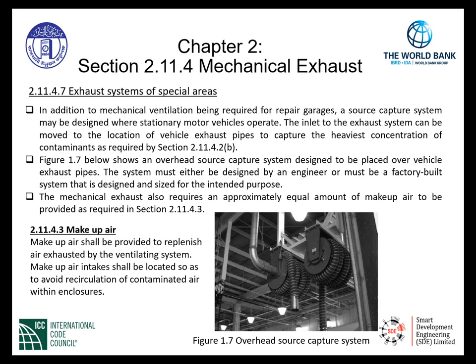We still need to replace the amount of air that's being exhausted by this particular system. Makeup air intake shall be located so as to avoid any recirculation of contaminated air within the enclosure. So now we have a special type of exhaust system, a source capture system, and the requirement for makeup air.